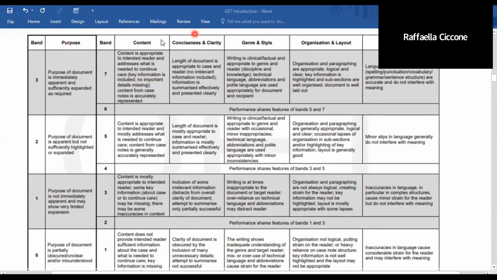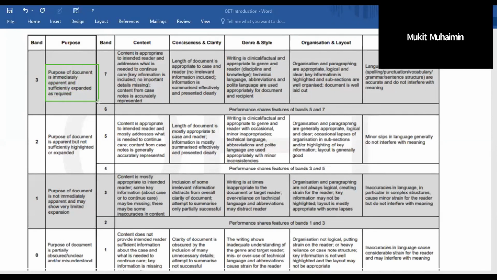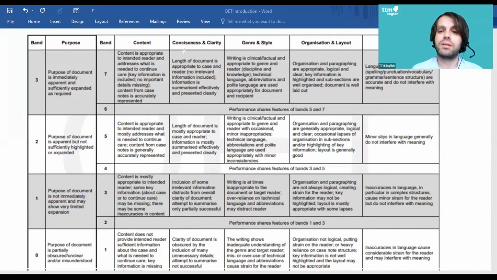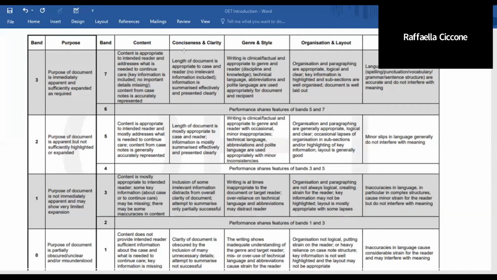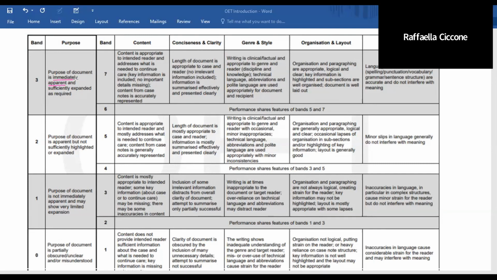Right, and if you want to get a level 3, let's read it. Purpose of document is immediately apparent. What does that mean, immediately apparent? It has to be at the beginning. At once you read it. Exactly. So once you read it, you got the purpose.